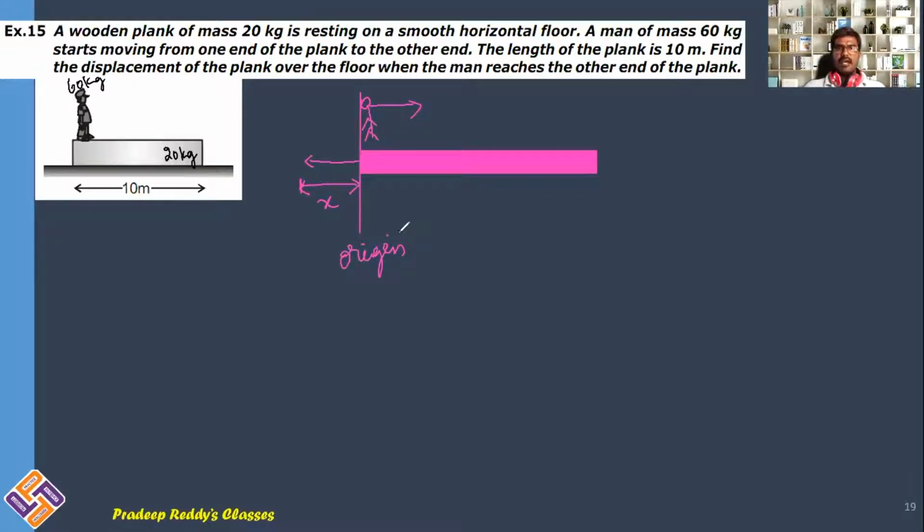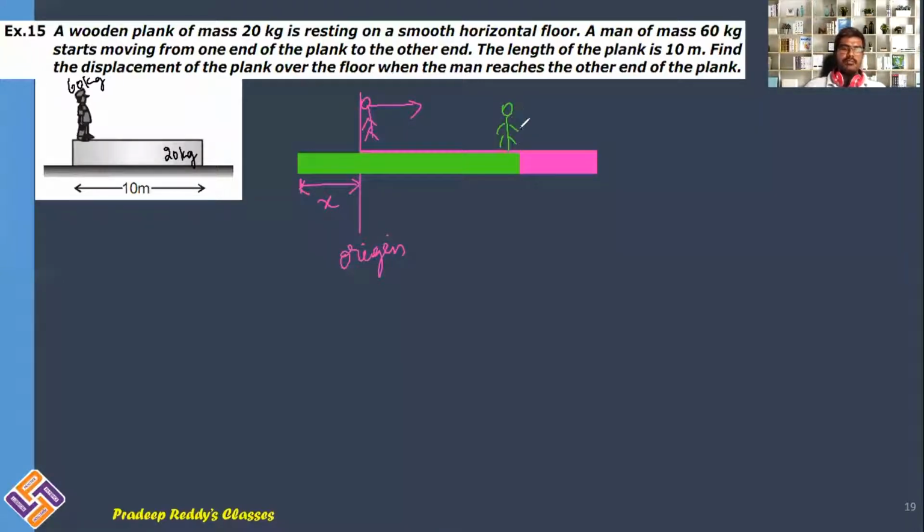According to Newton's third law, action is equal to minus reaction. The plank will now be displaced to a new position, and this is the new position of the plank, and this is the new position of the person.